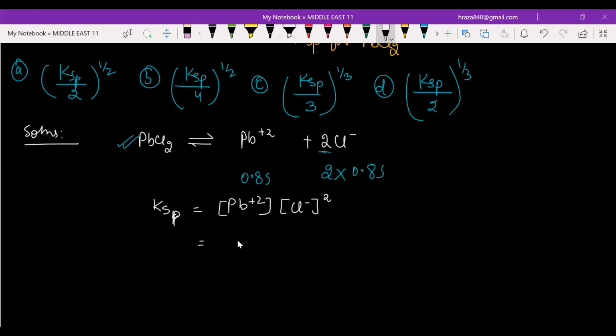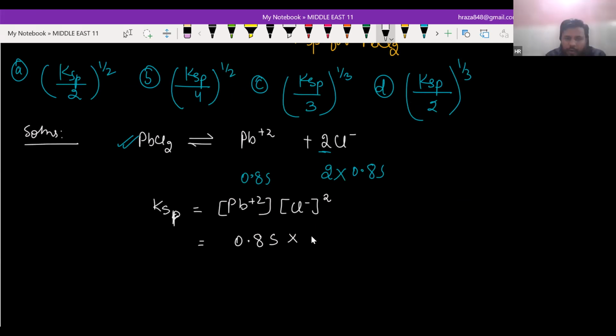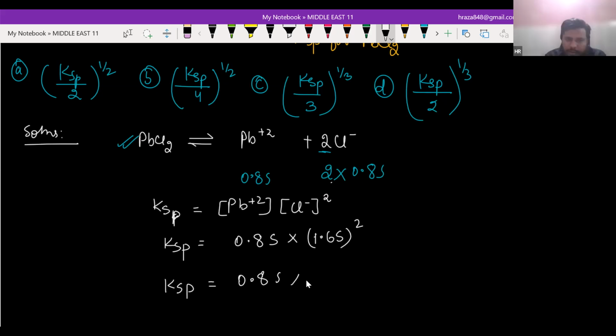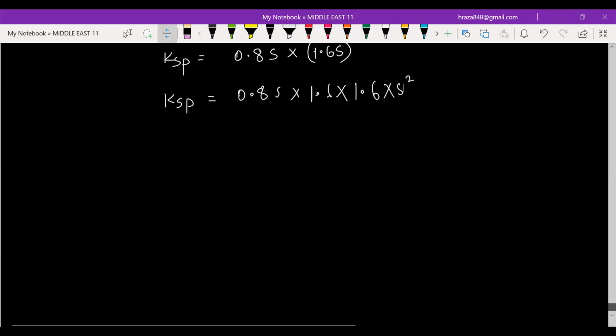Pb2+ has a value 0.8 S, into 2 into 0.8, that is 1.6 S, raised to the power 2. Now you can easily solve this. Ksp will be 0.8 S into 1.6 into 1.6 into S square. Can I write it or not? Yes, sir.